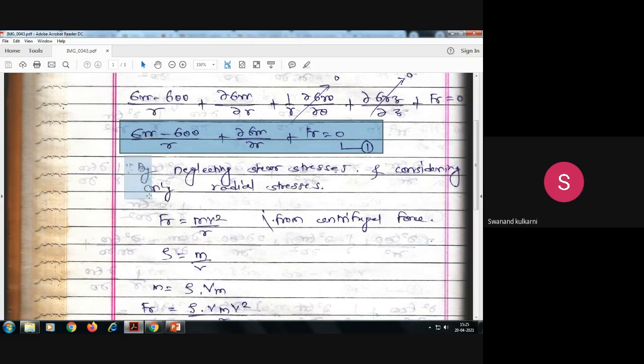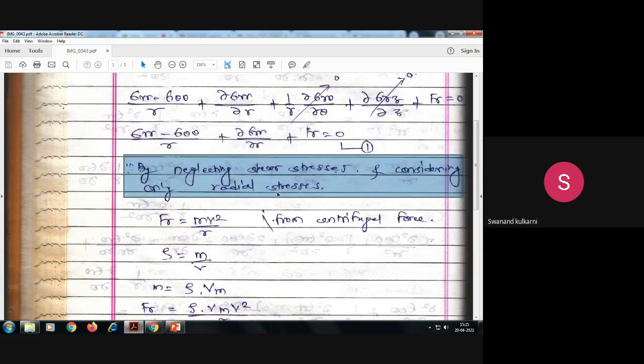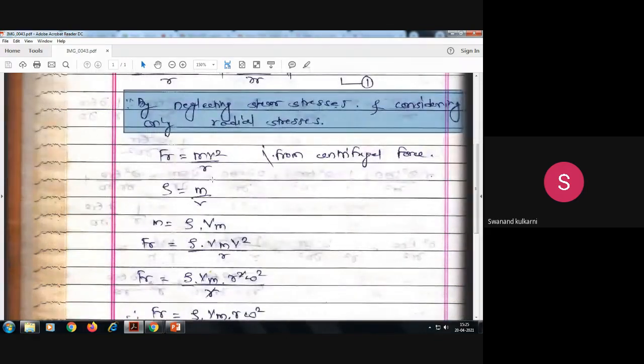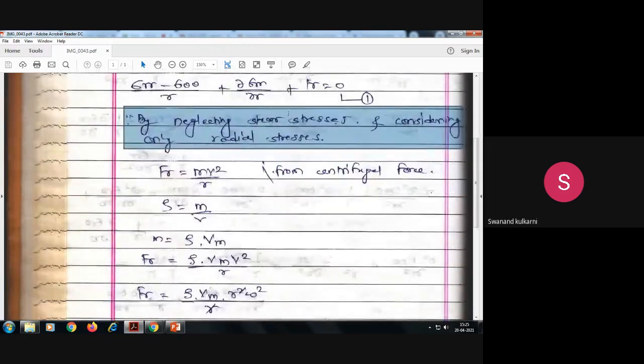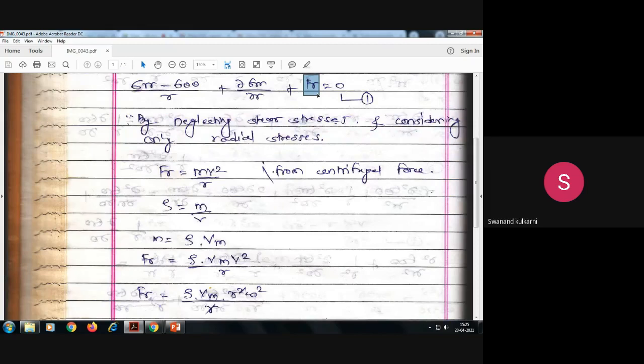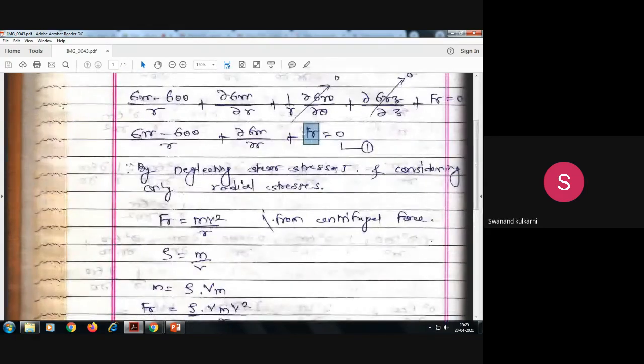Now, by neglecting shear stresses and considering only radial stresses, the part F_r, we have already given the name body forces in the radial direction.